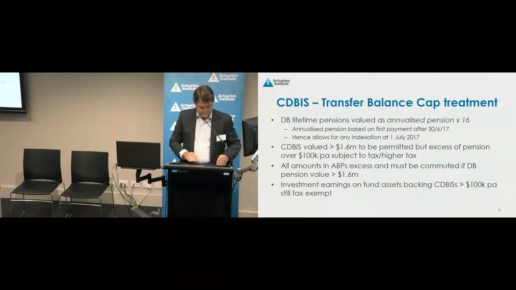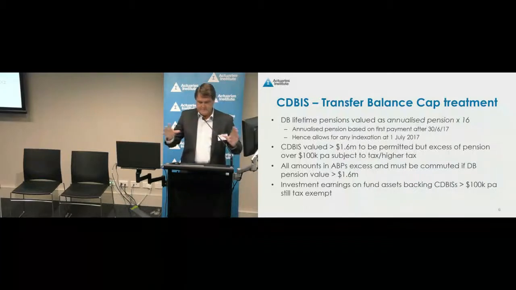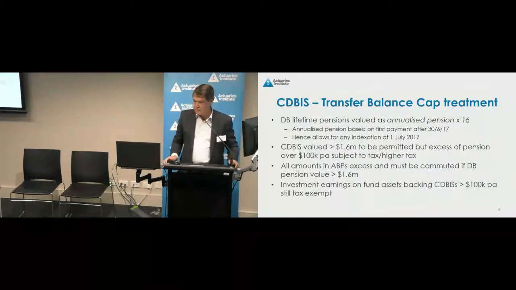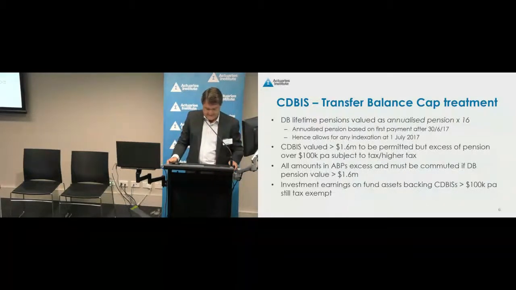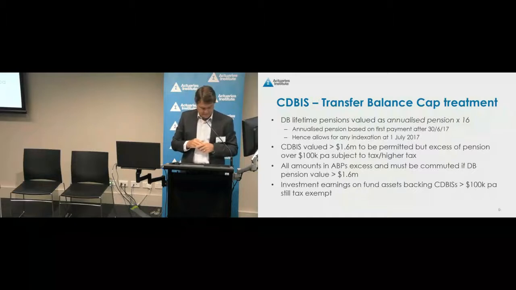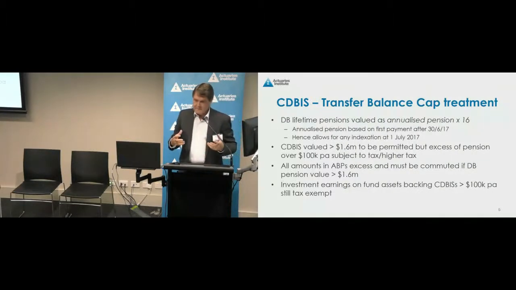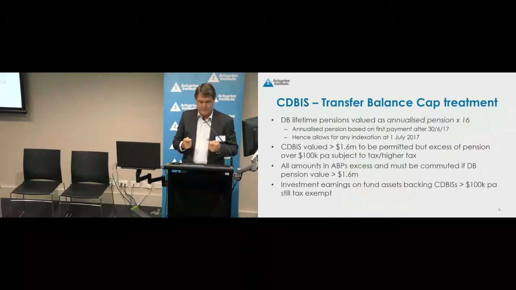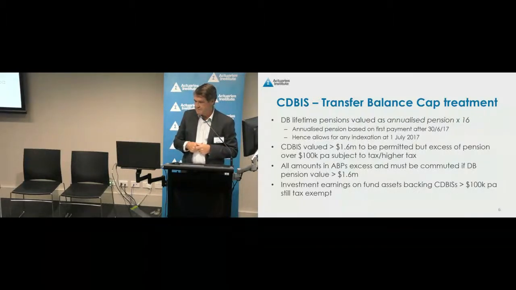So we've now potentially got an expanded definition of lifetime pensions that are covered as capped DB income streams. So what does that mean in terms of your transfer balance cap treatment? There's a single factor used to value capped DB income streams for transfer balance purposes. That single value is 16.